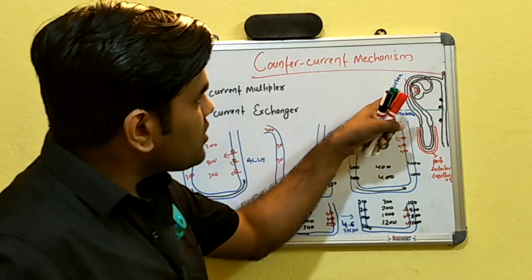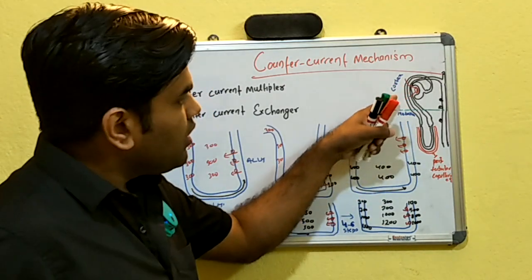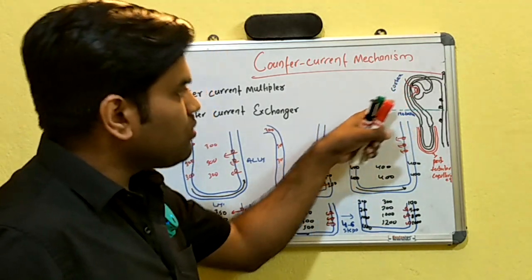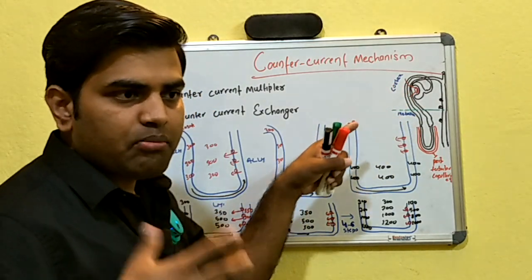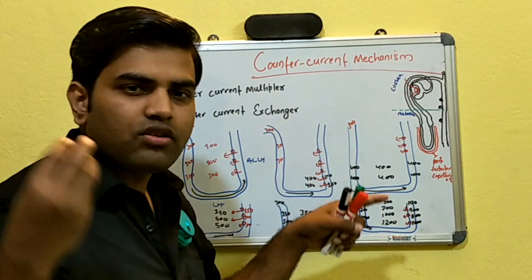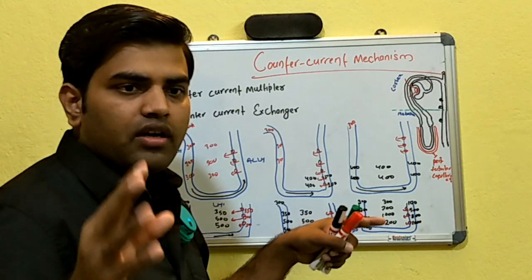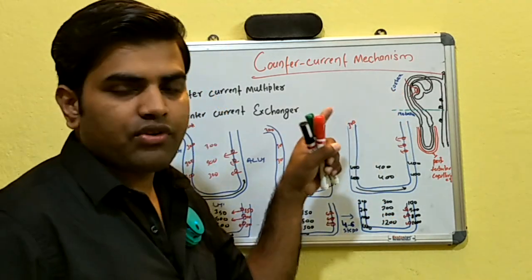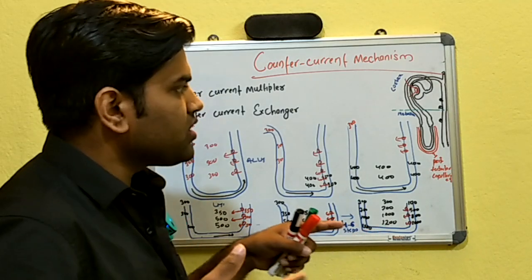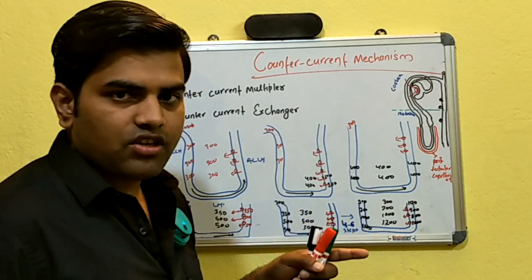Water is absorbed and solute is also absorbed. In the PCT a lot of solutes, glucose, amino acids, sodium, potassium and other factors, are absorbed. We'll discuss the details in the next lecture also.